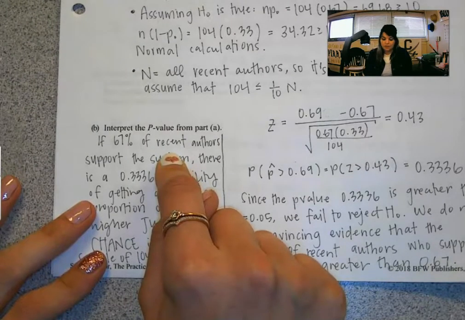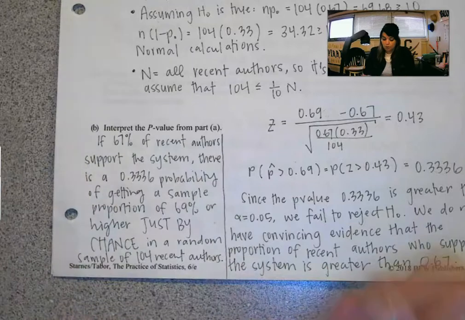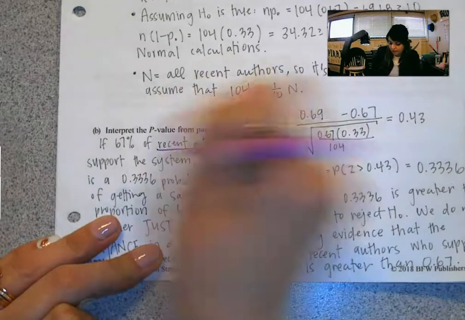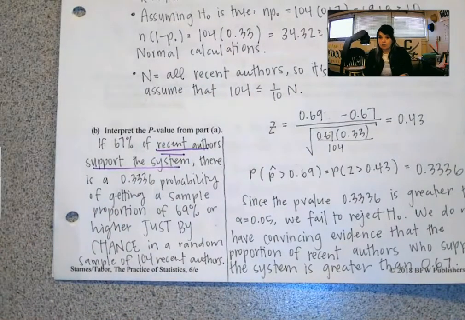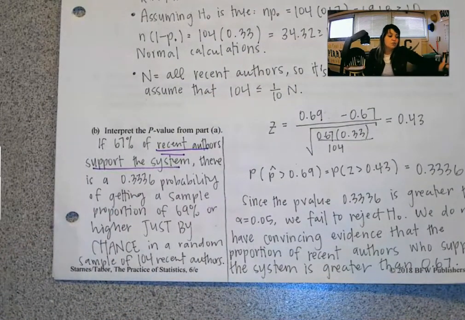Please be very careful about knowing that that's who you're looking at. Recent authors. Not all authors of this publication, recent authors. So if 67% of recent authors support the system, there is a 0.3336 probability of getting a sample proportion of 69 or higher just by chance in a random sample of 104 recent authors.